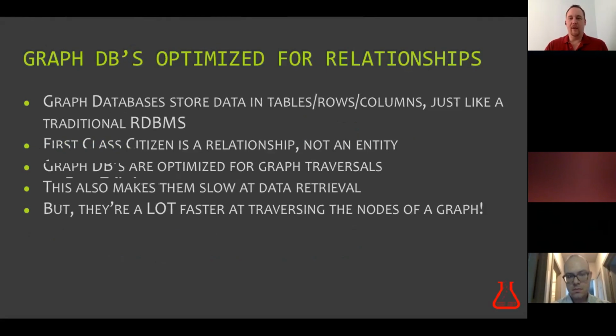That makes graph databases a little bit slow when you're retrieving data, but orders of magnitude faster when you're traversing a graph. In a graph database, a first-class citizen is a relationship between objects, whereas in a relational database, the first-class citizen is an entity, a thing with data about it.